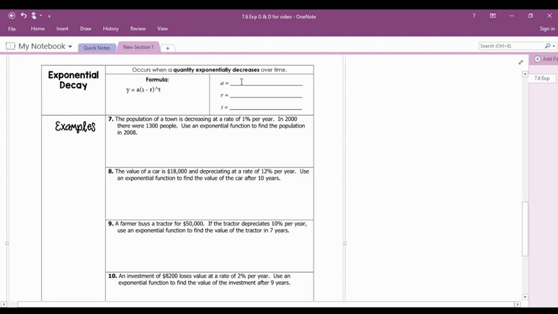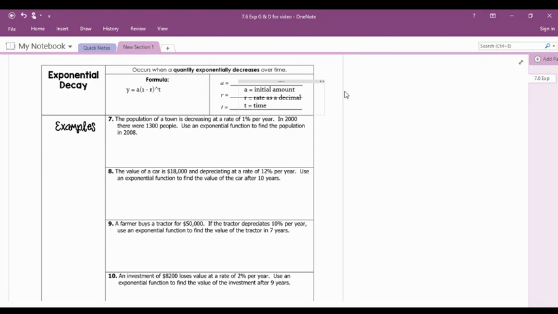Over here again, we have A equals the initial amount. It's all the same letters, so there's no change here. And rate as a decimal, and time in years. Let me fix this, see if I can get that fixed.